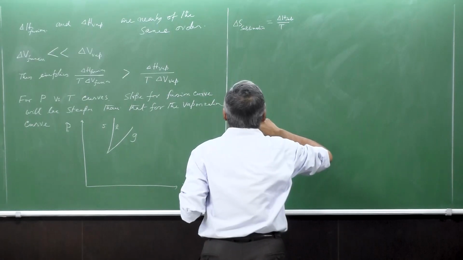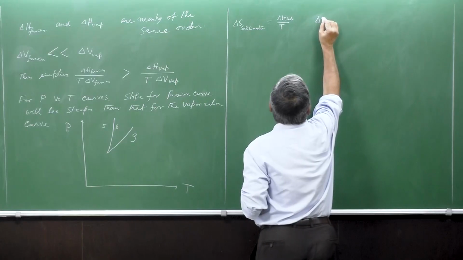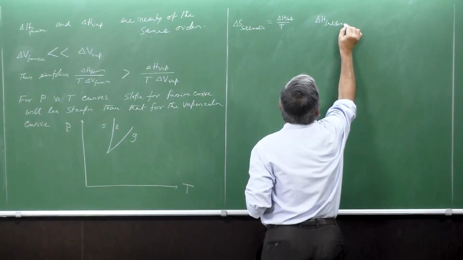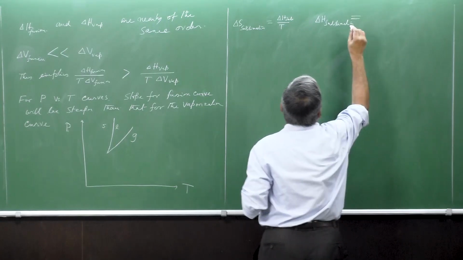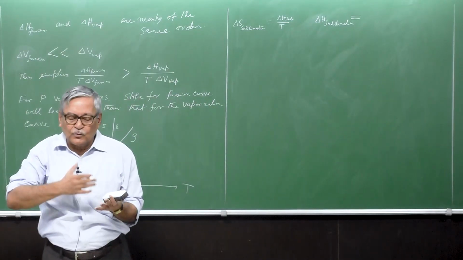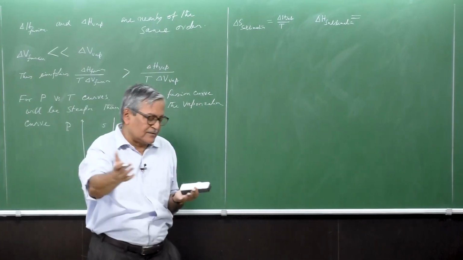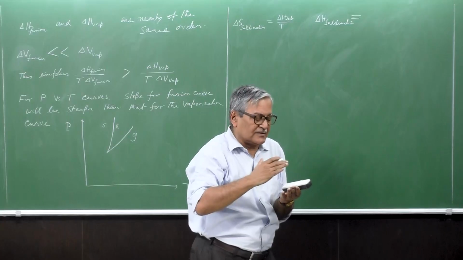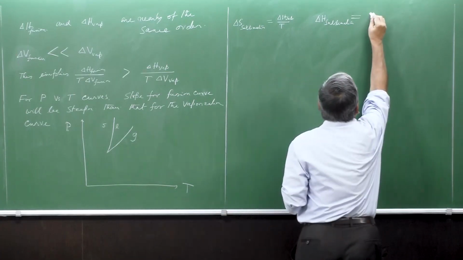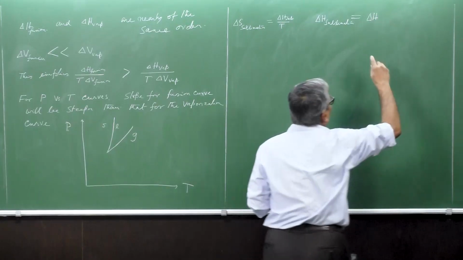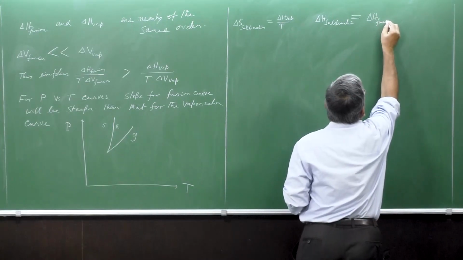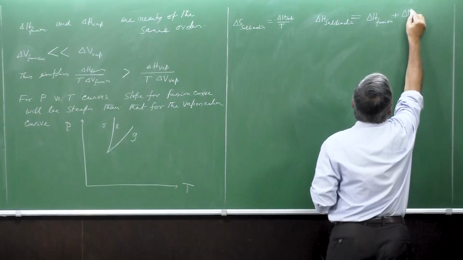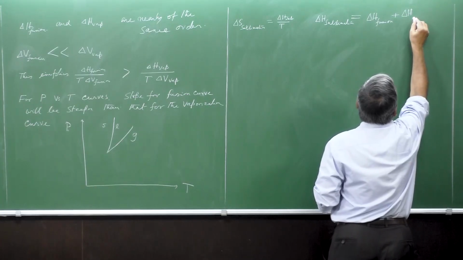Now, delta H for sublimation means what? It means basically a solid goes directly to the vapor state or the gaseous state. So, if you take care of the stage-wise process, then it includes delta H for fusion first, that is solid to liquid fusion, then it will go directly to vapor, so delta H for vaporization.